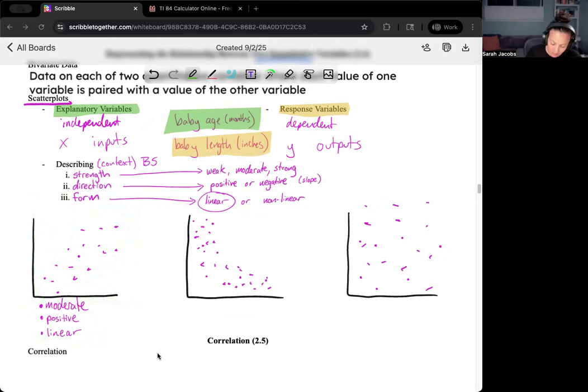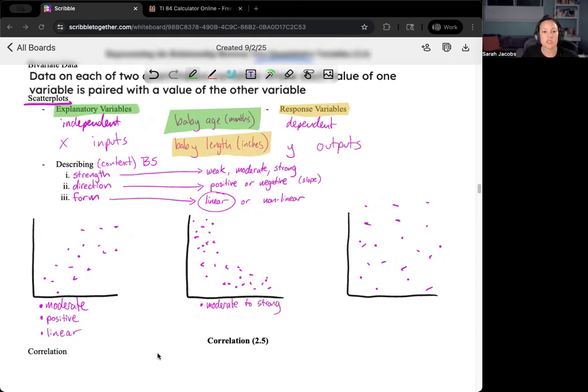Next, this guy. So hopefully you can see that little bit of curve. I would say this is moderate to strong in terms of how tight the pattern is.